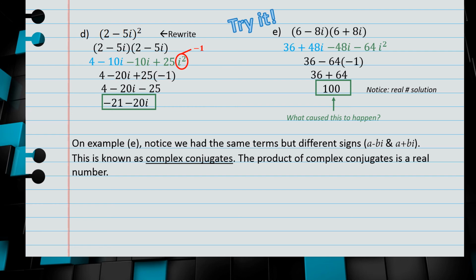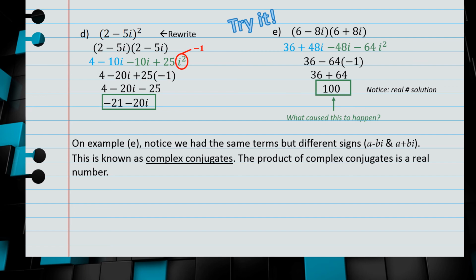Whenever you have that, that is known as complex conjugates. The good news is the product of complex conjugates is a real number. Remember, product simply means to multiply. So it means the multiplication of complex conjugates will be a real number. And we just saw it happen on E.